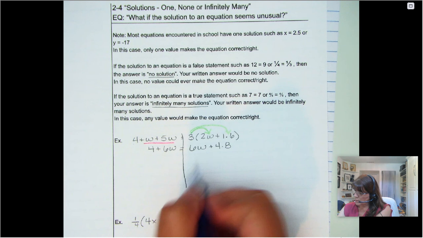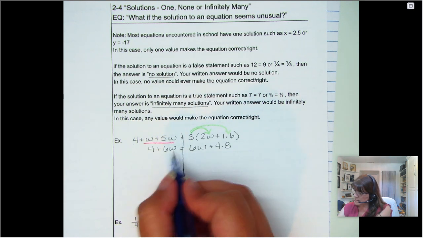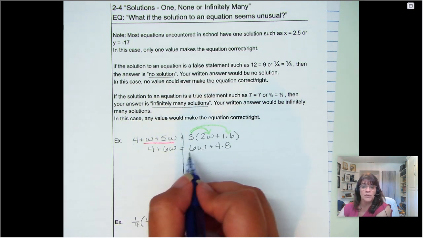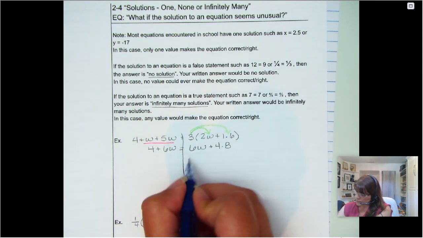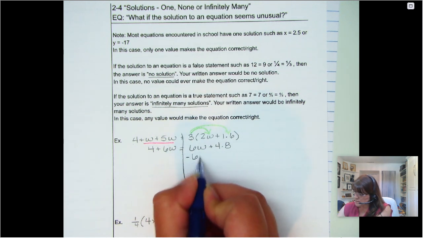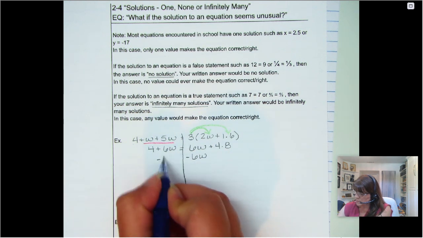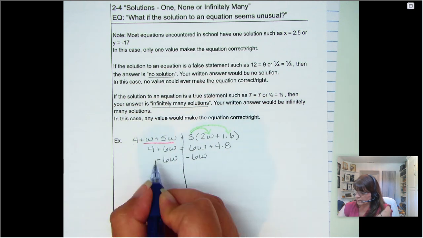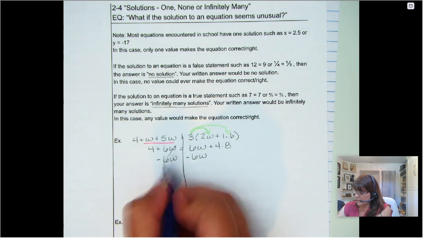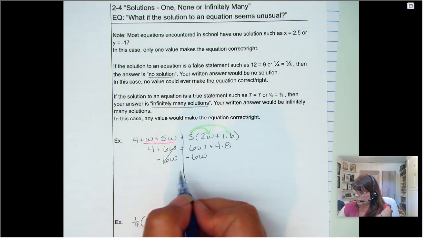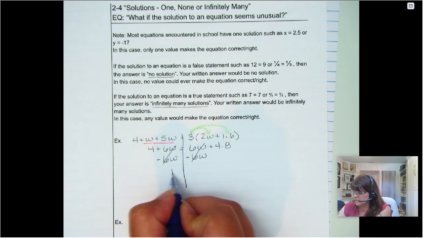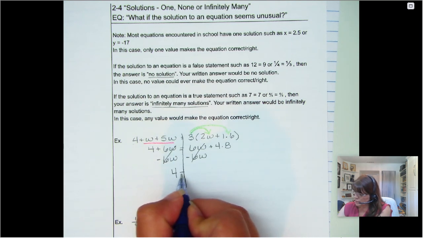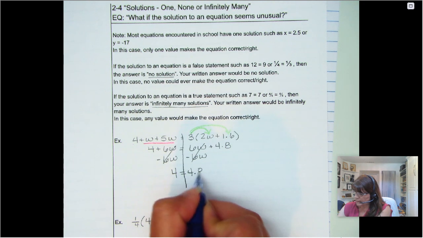Okay. Now, let's deal with our variable first. I have a positive 6w, so I'm going to subtract 6w from both sides. That cancels. That cancels. So now I have a statement that says that 4 equals 4.8.